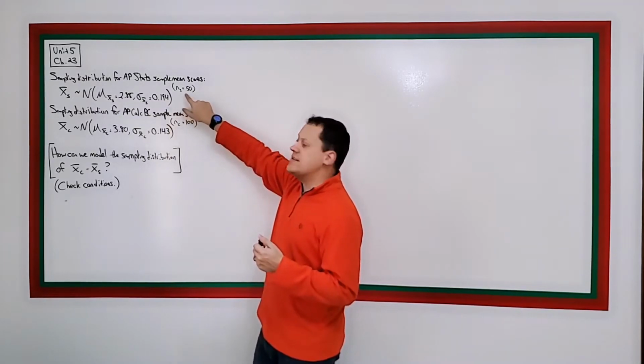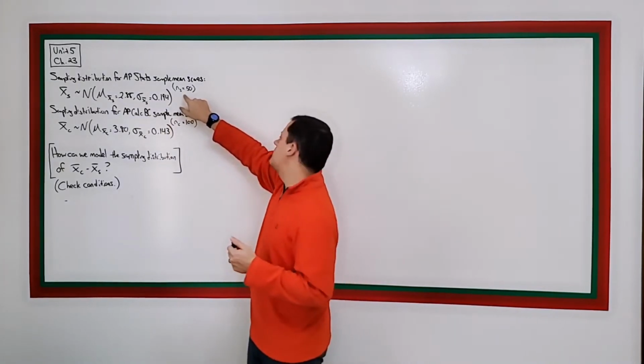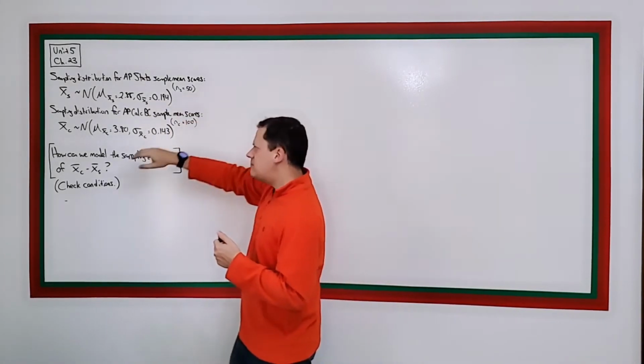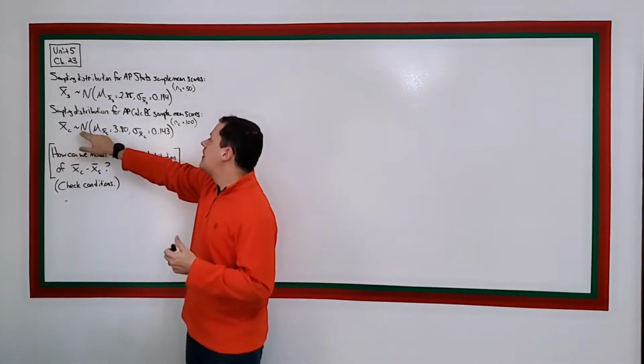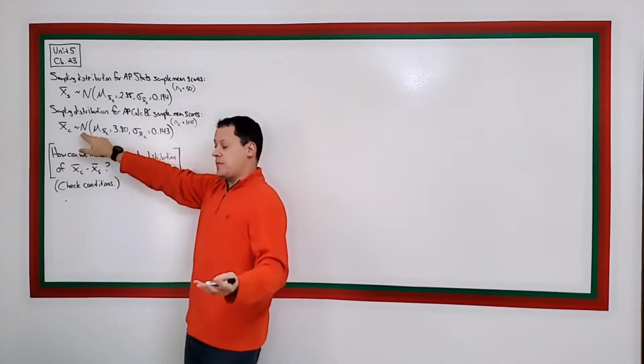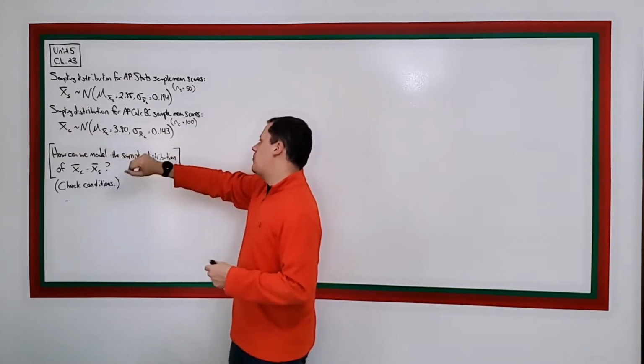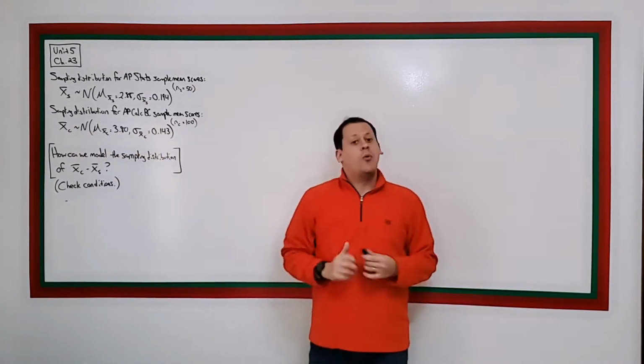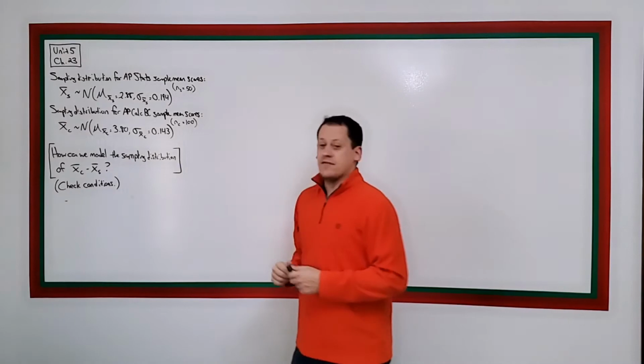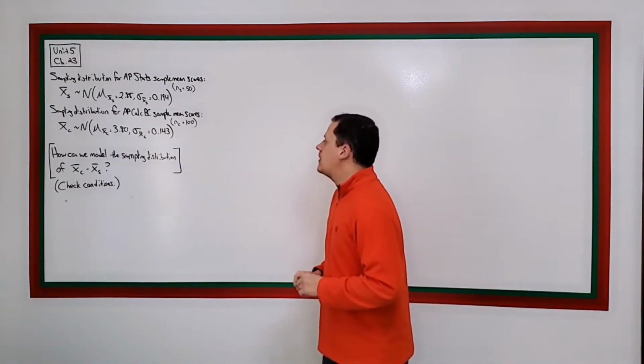And remember, for the stats test, we're taking samples of size 50. And for calculus, again, a normal distribution, we met the conditions, and it has a mean of 3.8 and a standard deviation of 0.143, and we took samples of size 100 for that test.